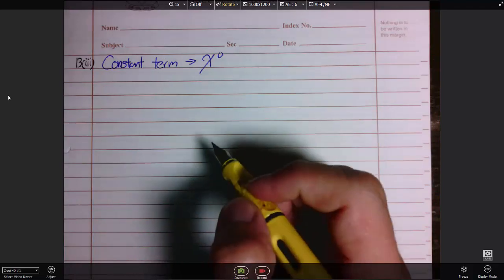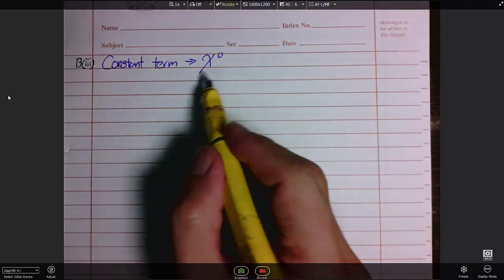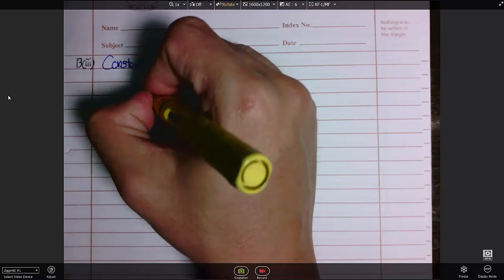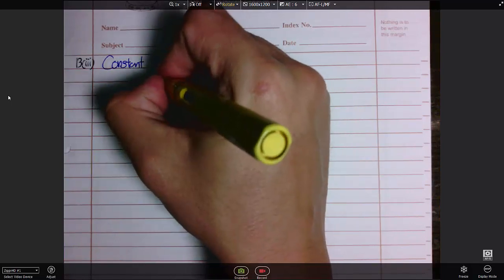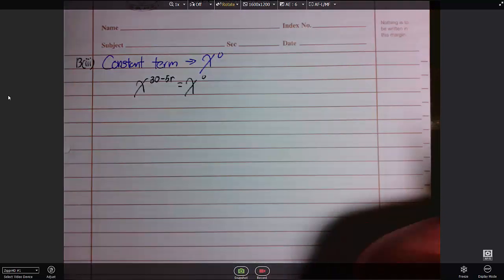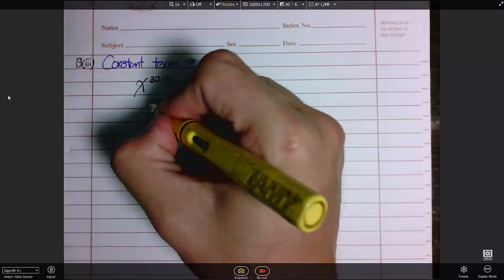So it just gives me a constant term, with numbers and without any variable like x inside. Similar to the examples above, I write x to the power of 30 minus 5r equals x to the power of 0. You start to compare coefficients.